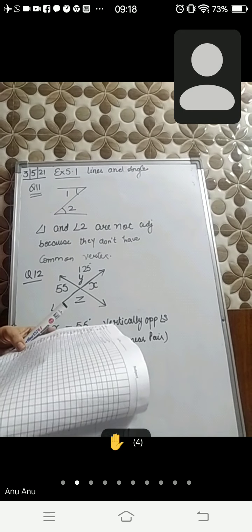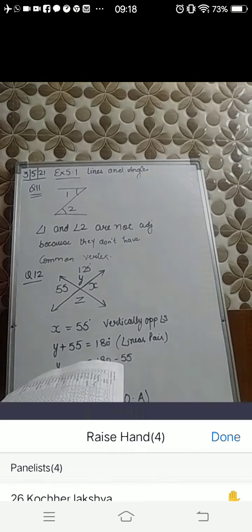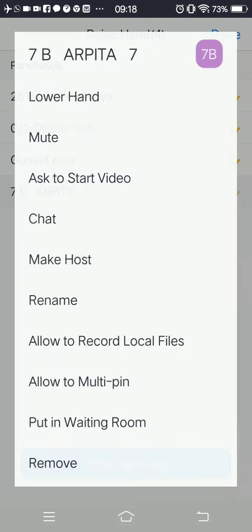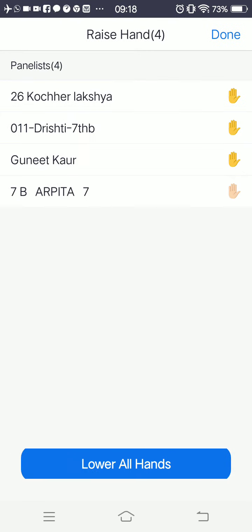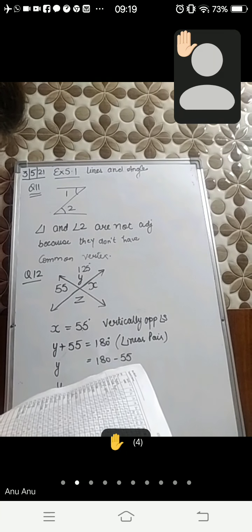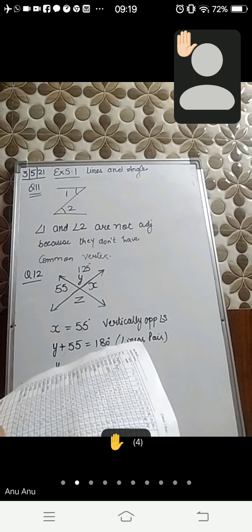Shreya. Shreya is there in the class? Yes, Arpita. Okay.